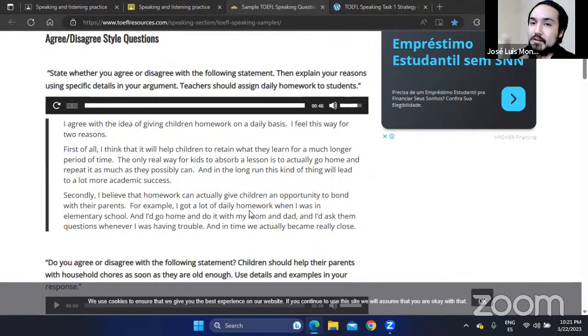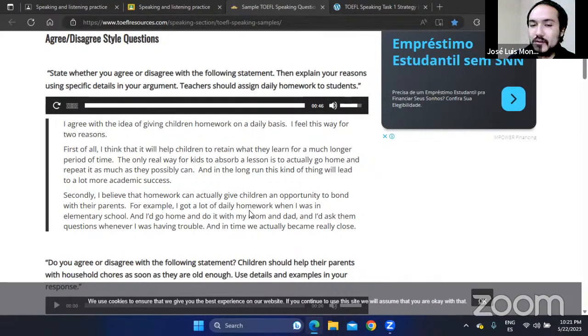And what I want you to do with this specific web page is always give your response first and then compare your response to these models that you have here. Why? Because you can get more elements, you can use some ideas, reasons, examples, and you can even repeat examples.